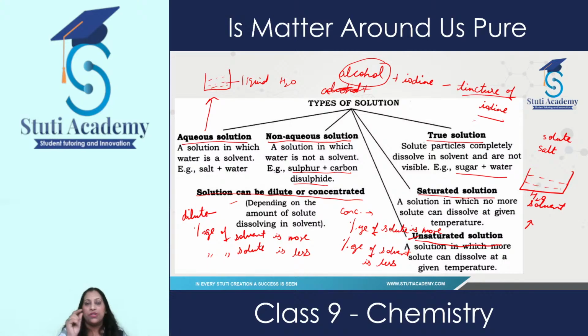Sometimes we write concentrated H2SO4, dilute H2SO4. So what does it mean? We write like this: dilute or concentrated HCl. This is hydrochloric acid. So it means in dilute, acid is merely 10% and water is 90%.